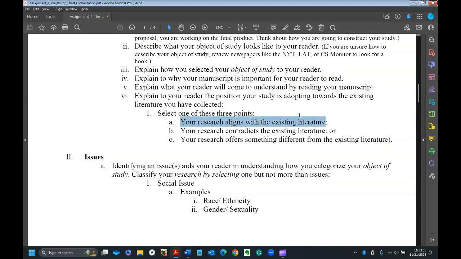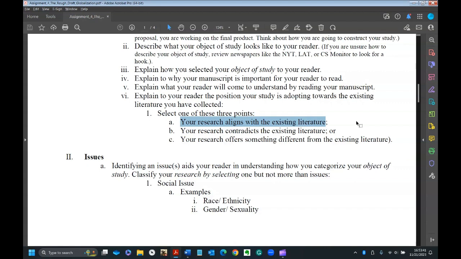For example, for point A, I wrote your research aligns with the existing literature, and as I mentioned in class, that means your research is consistent in findings and in developing an understanding of that topic. In my example, I'm talking about human trafficking within the context of globalization and how connectivity is an important concept in order to understand human trafficking.